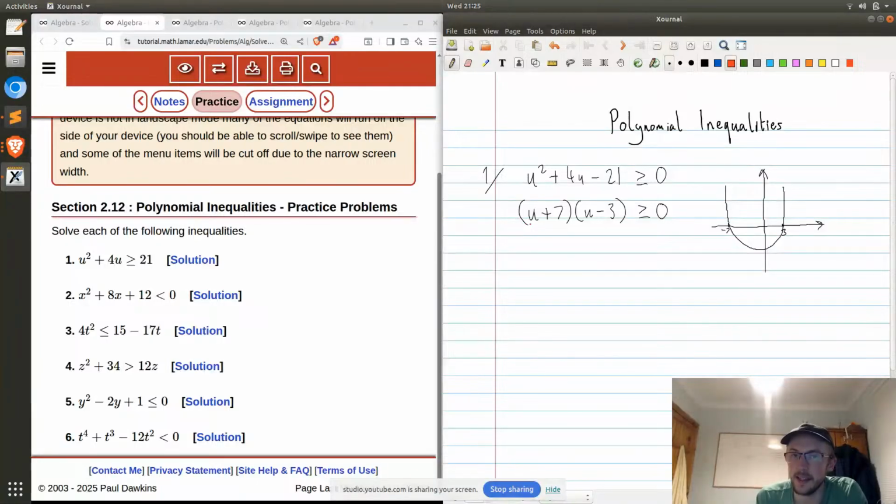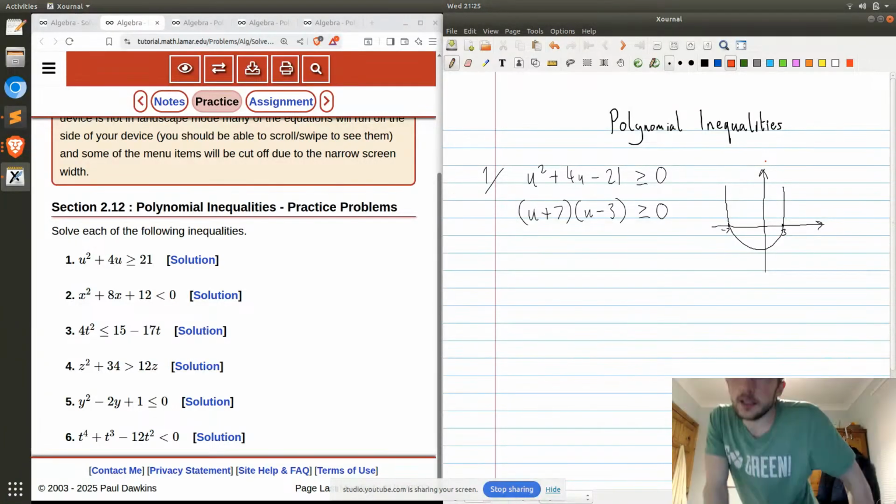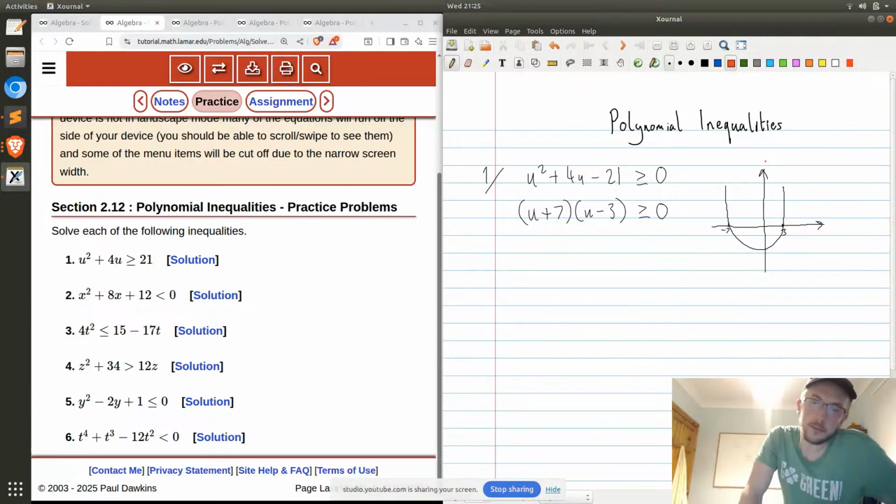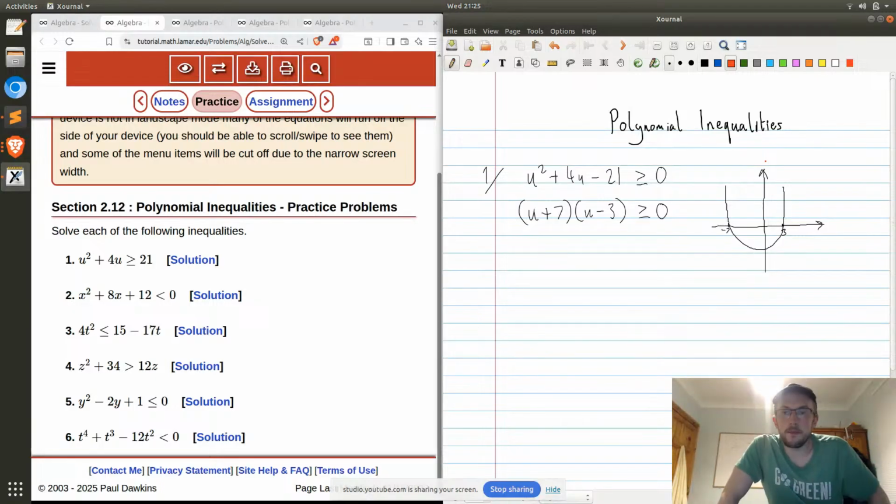Well, I have to consider when u plus 7 times u minus 3 is greater than or equal to 0. Not equal to 0, but greater than or equal to 0. And here's the thing about that.